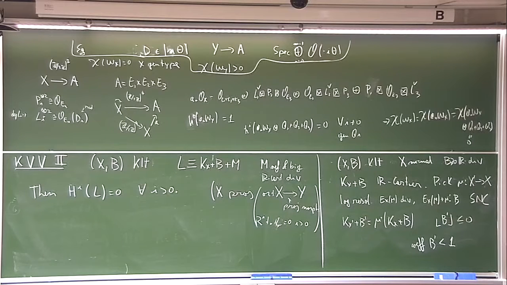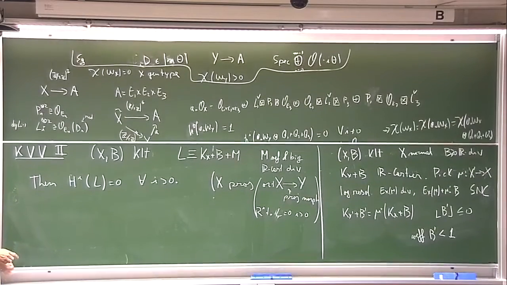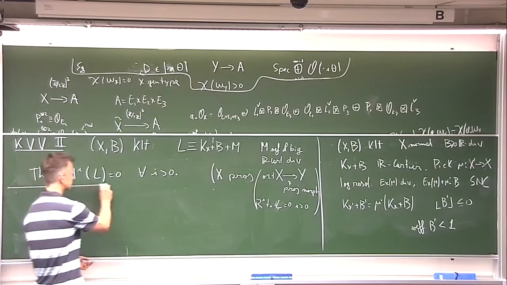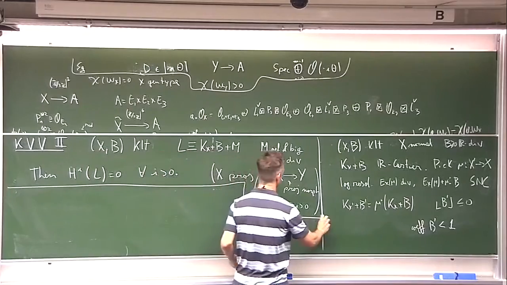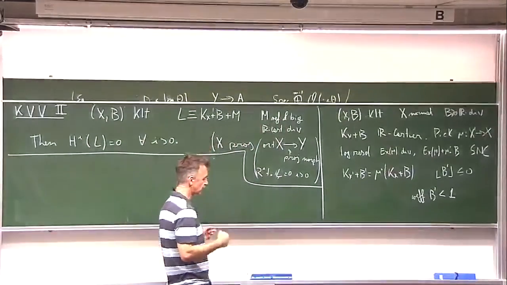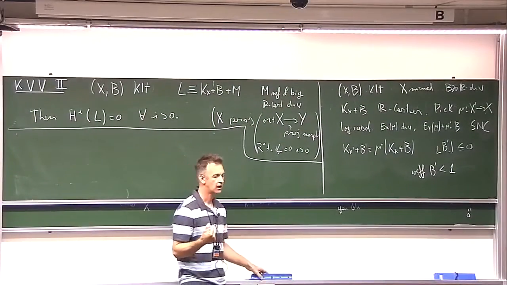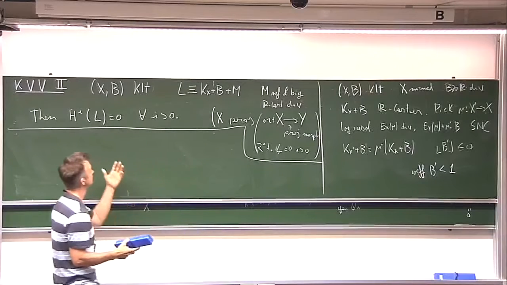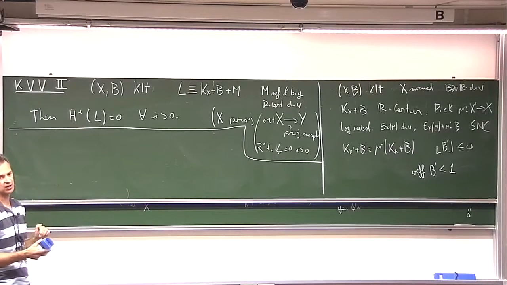Okay, so you'd think that this is it, but actually there are two more statements I want to make. The next generalization I want to discuss is what you do if the pair is not Kawamata log terminal. Well, you can pretty much do the same thing, but you don't get vanishing on the nose. You need to make some adjustment due to the fact that the pair is not Kawamata log terminal.